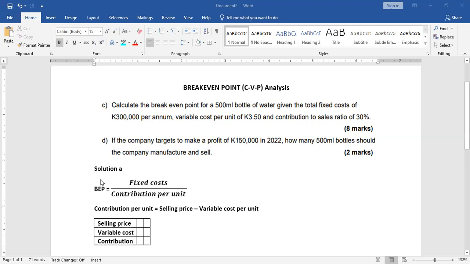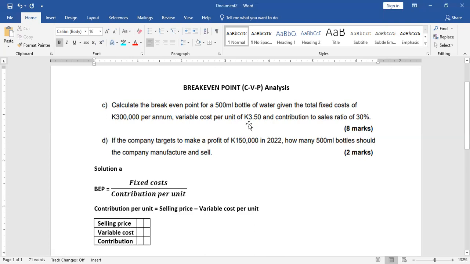The standard formula that we usually use to calculate the break-even point is BEP is equal to fixed cost over contribution per unit. And contribution per unit is basically calculated by simply saying selling price minus variable cost per unit. Now, if you look at here, the selling price hasn't been given.